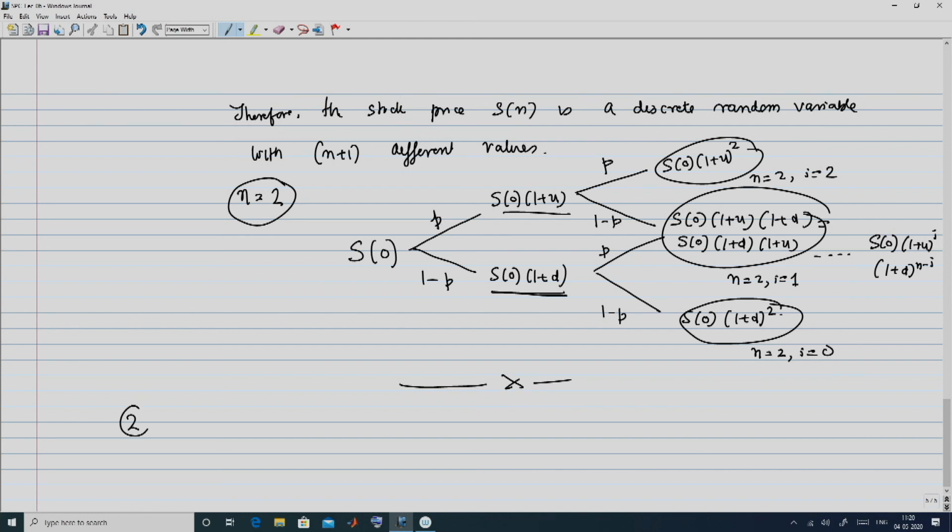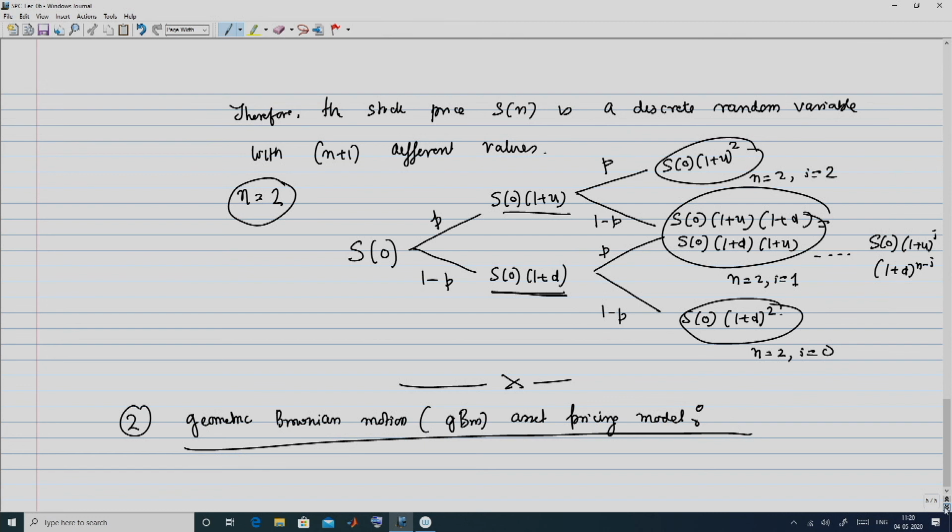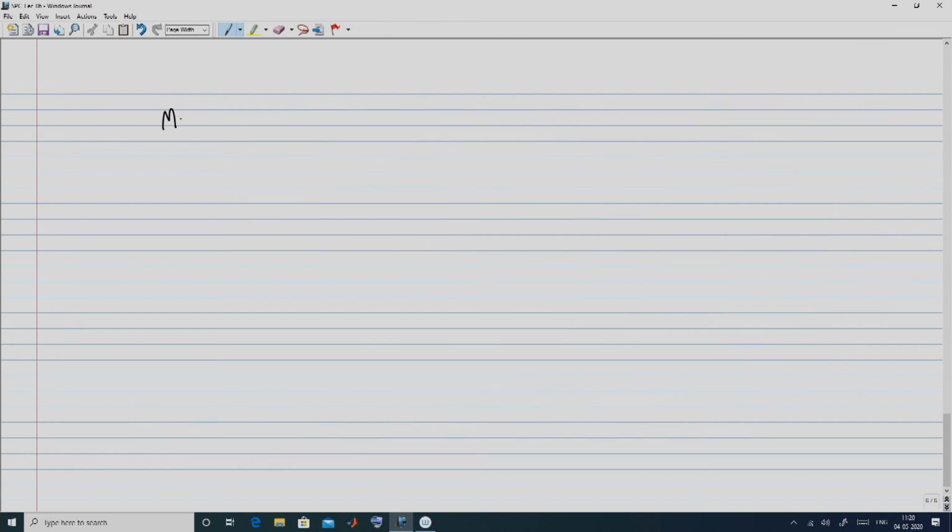So, next we look at the other model, which is the geometric Brownian motion, gBm, asset pricing model. Let me first of all start with a motivation for this, from the point of view of it being extended from the binomial model.